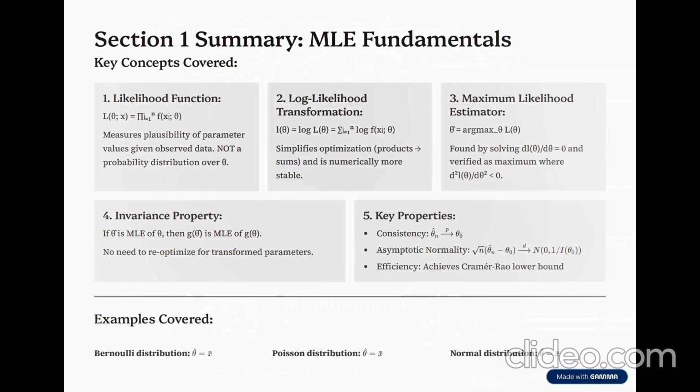Finally, we defined the maximum likelihood estimator as the value that maximizes this function. These core concepts provide the mathematical foundation for everything that follows, allowing us to derive estimators, assess their properties, and confidently apply these methods to various statistical distributions and real world data problems.